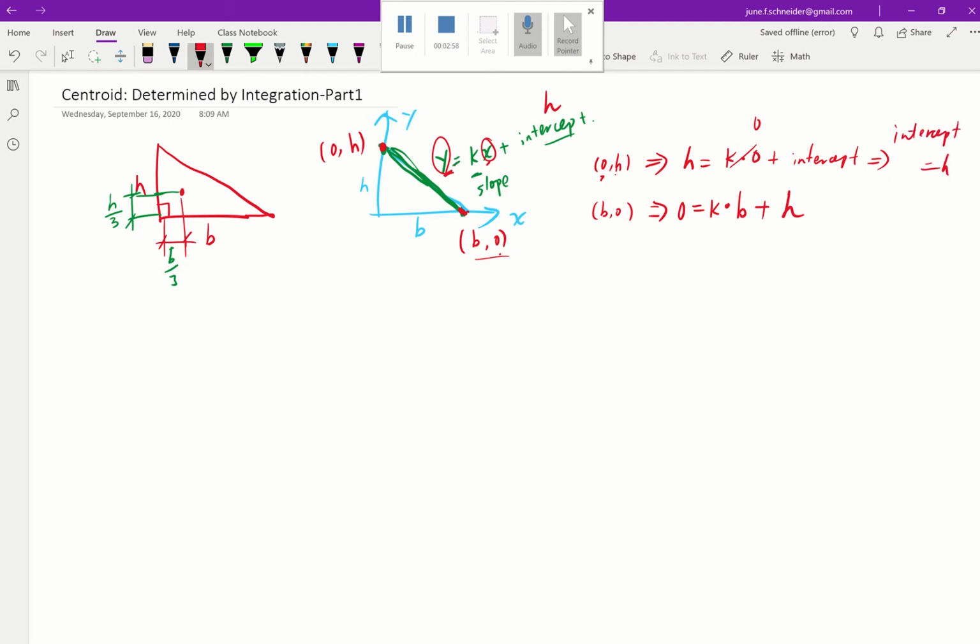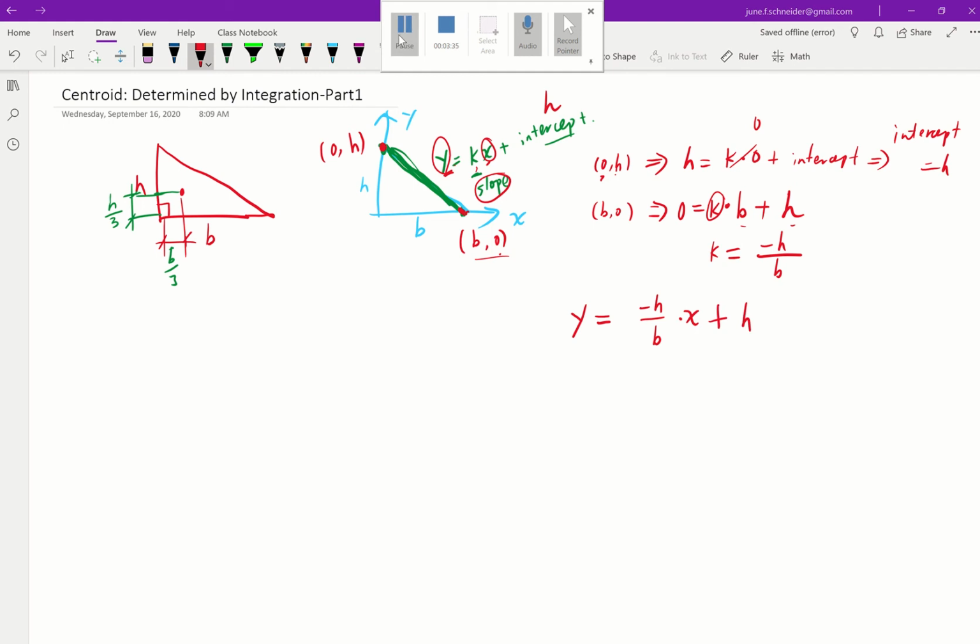Then remember what we're solving: we're solving for the slope, k, because b and h are the base and height, which are given. k is going to be equal to negative h over b. So now let's plug our k and intercept into the equation: y equals negative h over b, the reason it's negative is that the line is decreasing, times x, then plus the intercept h.